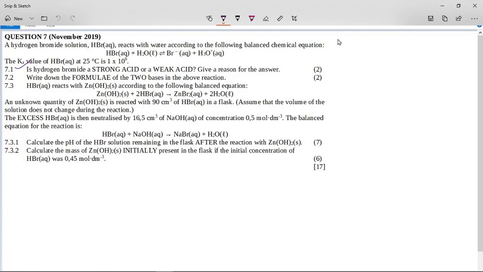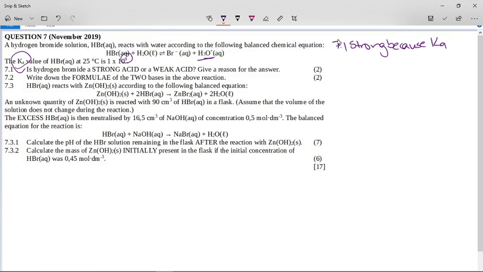Well, you could do this from your own knowledge, but if you have a look here, the Ka value has a positive exponent. If you have a positive exponent on a Ka value, it means that the forward reaction is strongly favored, which means that you have a high concentration of hydronium ions. So hydrogen bromide will be a strong acid because the Ka value is high, okay?